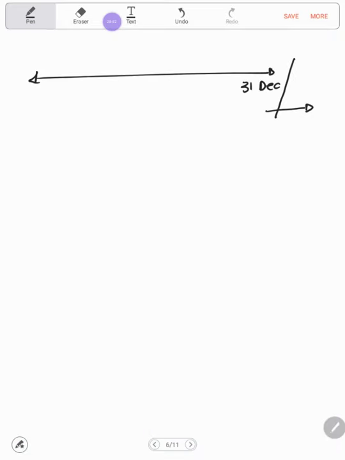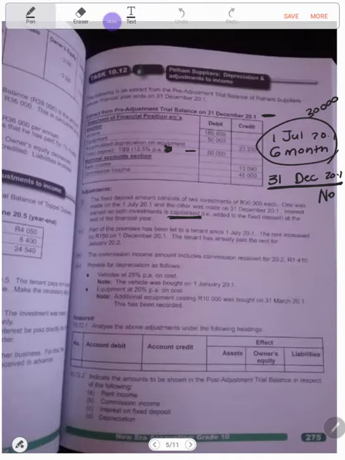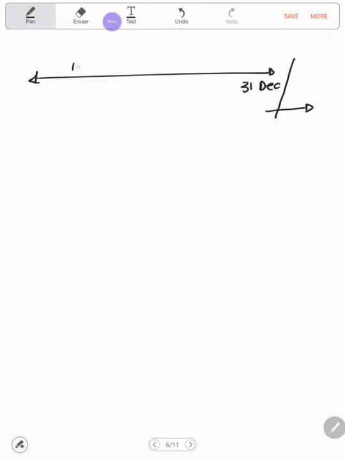So we've let out our premises on the 1st of July 20.1. So this is in our financial year. So this person has paid us July, August, September, October, November, December, and also for January. So that is 1, 2, 3, 4, 5, 6, 7 months.